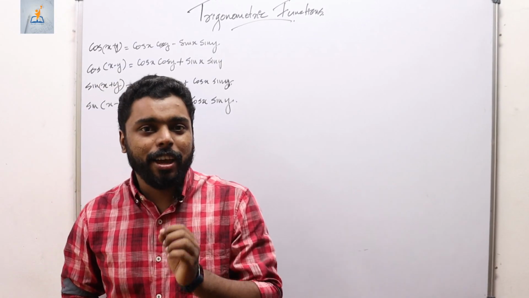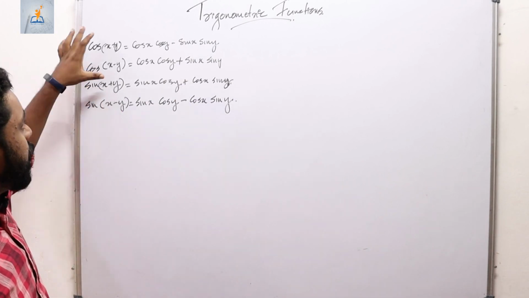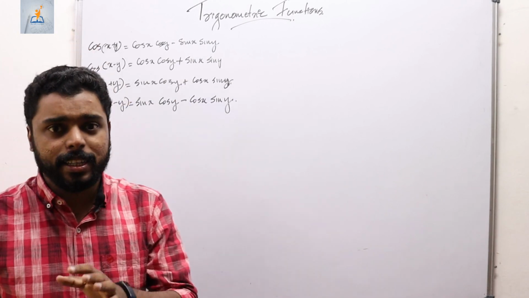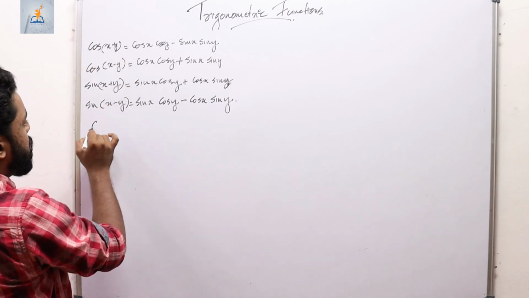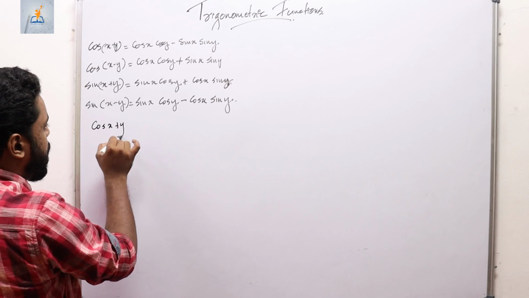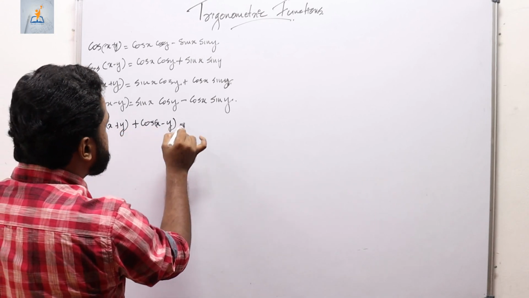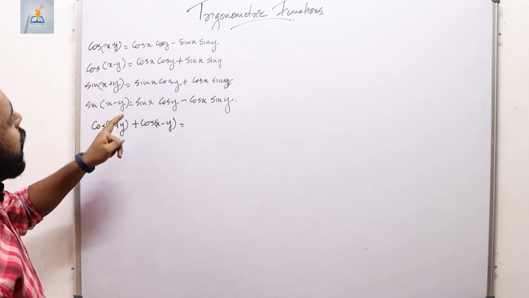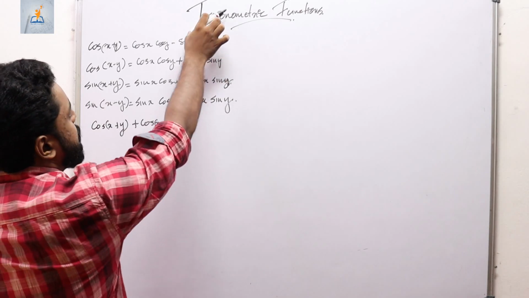Now we shall derive several other trigonometric identities, as these are fundamental and very important trigonometric identities. Now let me add cos x plus y and cos x minus y. That means cos x plus y plus cos x minus y. What will be the result? See, adding them results in the cancellation of these quantities, isn't it?